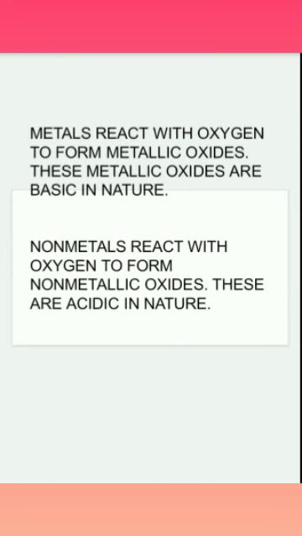So, what is the conclusion from this experiment? Metals react with oxygen to form metallic oxides. These metallic oxides are basic in nature. Non-metals react with oxygen to form non-metallic oxides. These are acidic in nature.